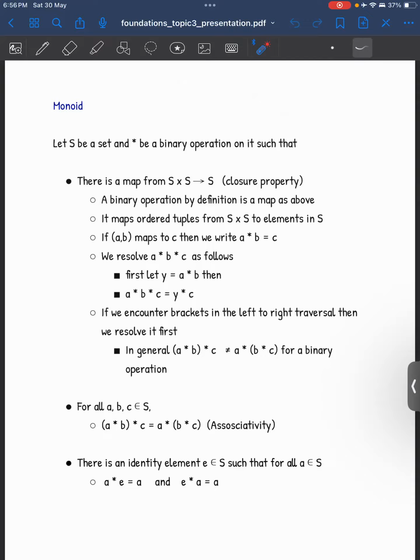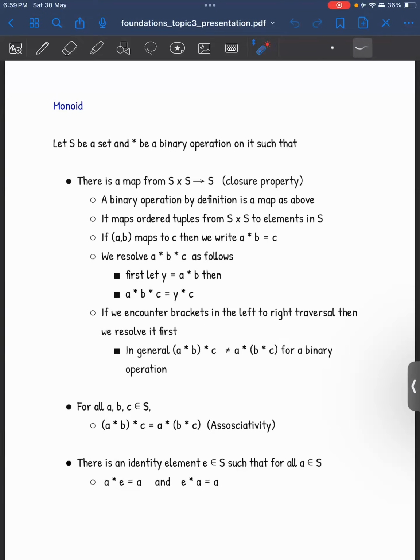Hence, for a general definition, we want to map these two distinct tuples A comma B in the example that we are looking at. So the tuples are A comma B and B comma A. So we want to map these two distinct tuples to different elements.